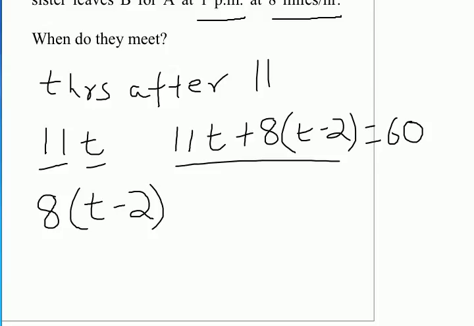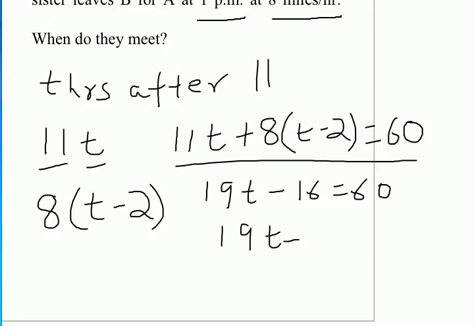So here is the simple equation. So what you have is 11T plus 8T is 19T minus 8 into 2, 16 equals 60. So solving this further, you get 19T equals 60 plus 16, which is 76, hence T is 4.